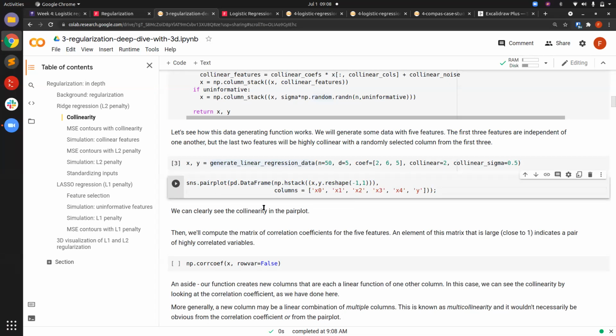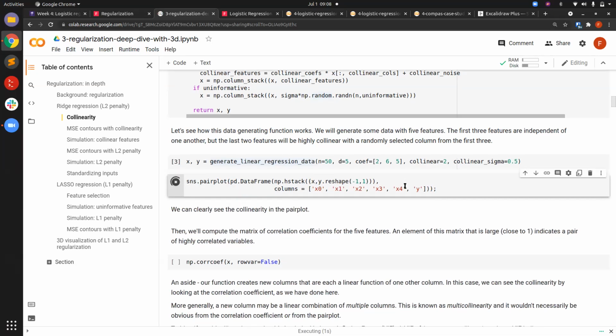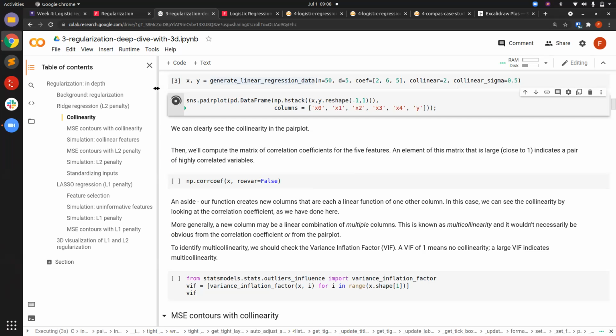Now I'm generating some data with 5 features, and the first 3 features are independent. The last 2 features are going to be extremely collinear with a randomly selected column from the first 3. So this is what this data set looks like.